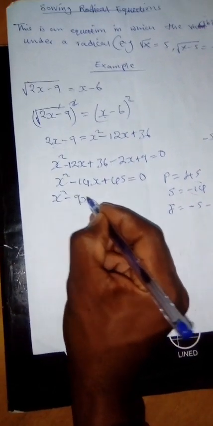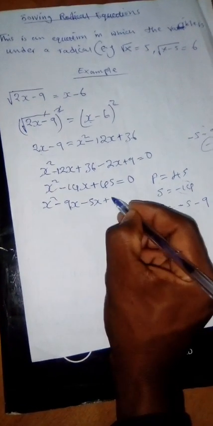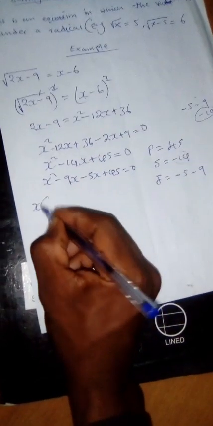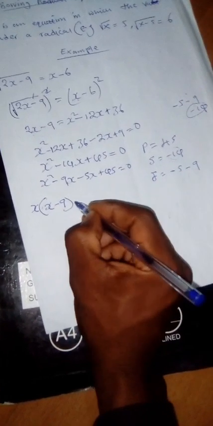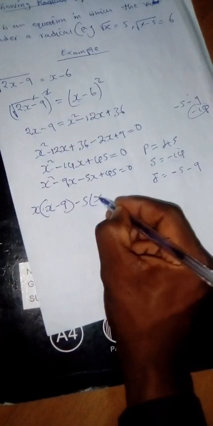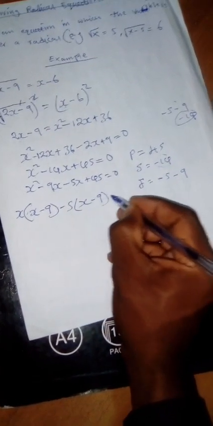Then we equate: x squared minus 9x minus 5x plus 45 equals 0. So we have x outside, then x minus 9, here we have x minus 5.